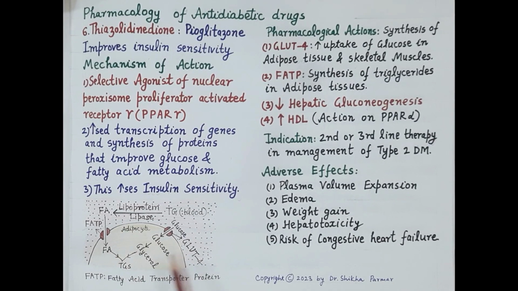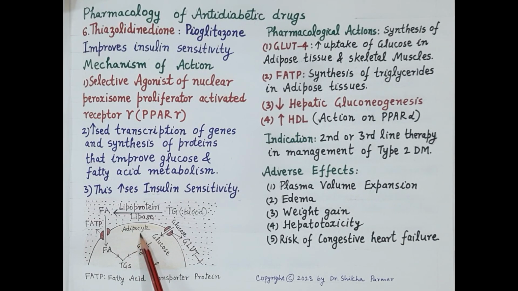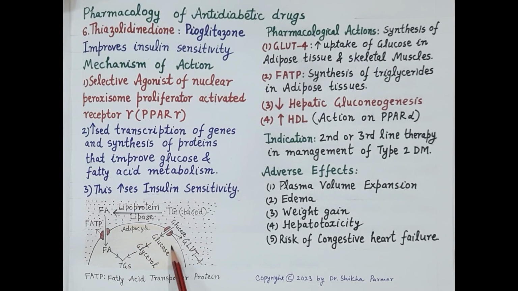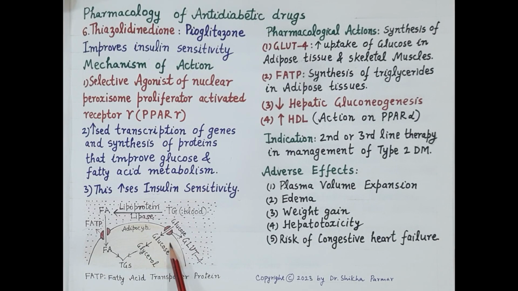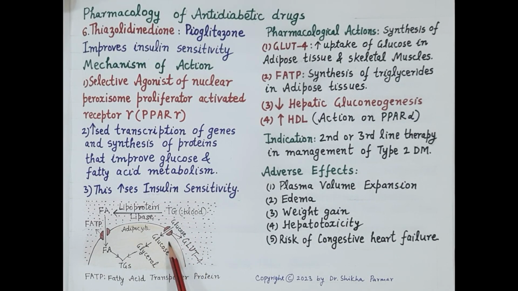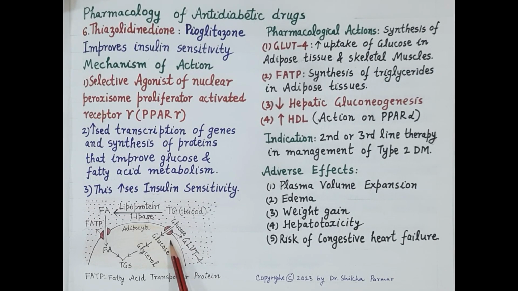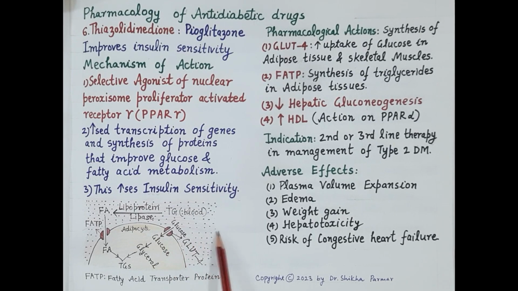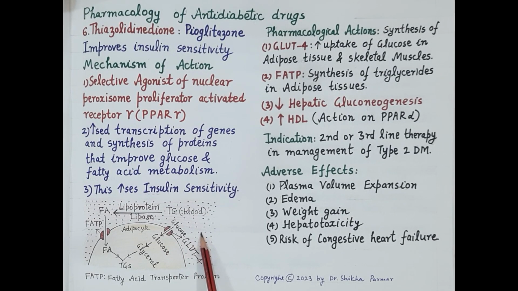So, look at this cell. This is a fat cell or adipocyte. Now, GLUT4, glucose transporter 4, are the proteins responsible for increased uptake of glucose from the blood by the adipose tissues and also by skeletal muscles, thereby reducing blood glucose levels.